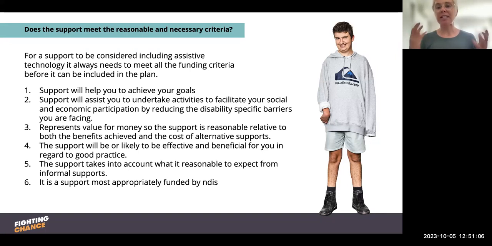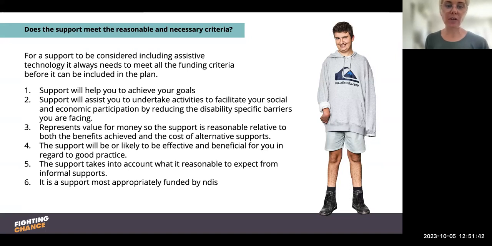So say someone has a psychosocial disability, they are not going to get equipment for their poor balance, unless it can be linked. It is really important that it is all the disabilities that are functionally impacting you significantly, that you have met access for, because otherwise you won't receive funding for that.